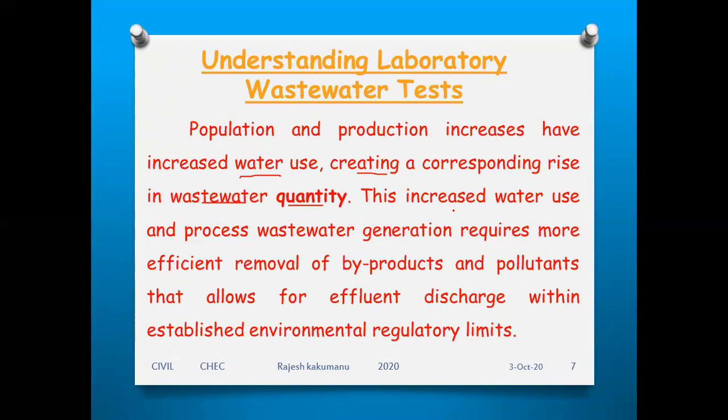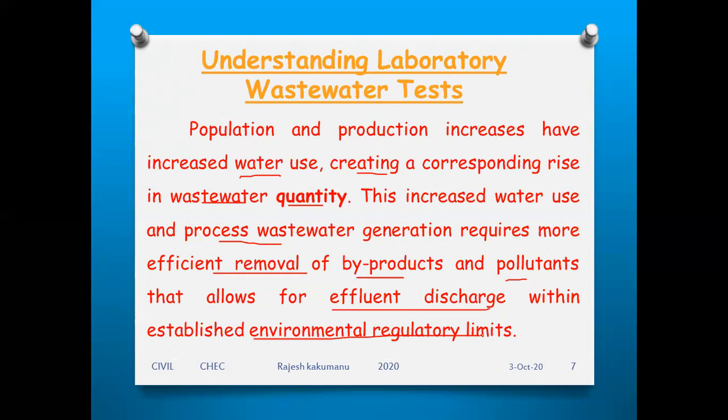This increased water use and processed wastewater generation requires more efficient removal of byproducts and pollutants that allow for effluent discharge within the environmental regulatory limits. So what is it saying here? Whenever the wastewater quantity is increasing correspondingly according to the population growth and production growth, there are some elements, that is the byproducts, other pollutants, other waste coming from the wastewater.